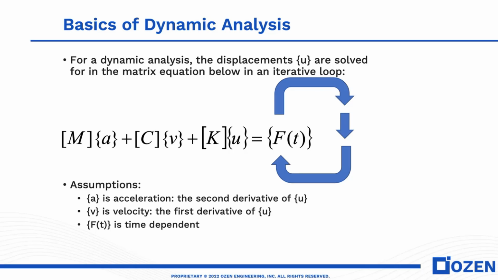The difference between a nonlinear static analysis and the dynamic analyses, as you know, are these additional matrices that come in, like the M matrix, which is the mass matrix multiplied by acceleration, and the C matrix, the damping matrix multiplied by the velocities, that are added to the stiffness matrix times the displacements. Then we are specifying forces as a function of time. And these forces on the right-hand side of this equation are coming from the musculoskeletal simulation.